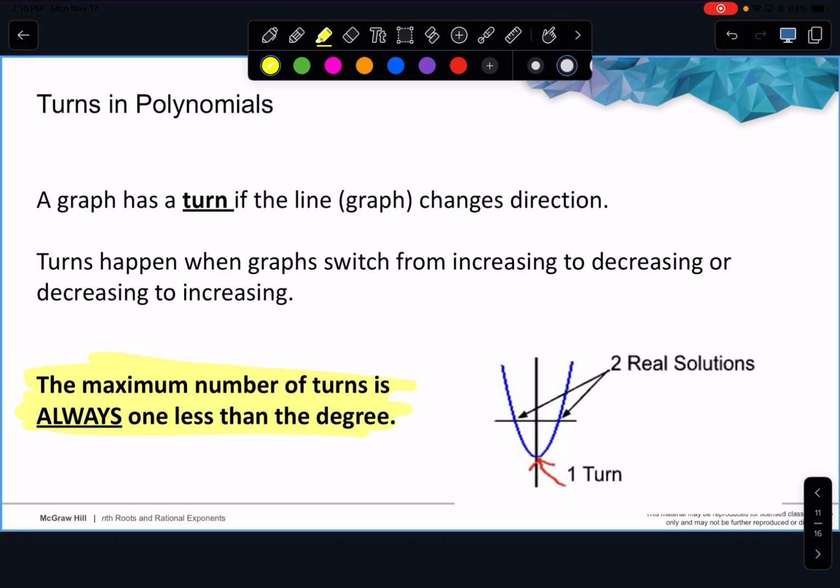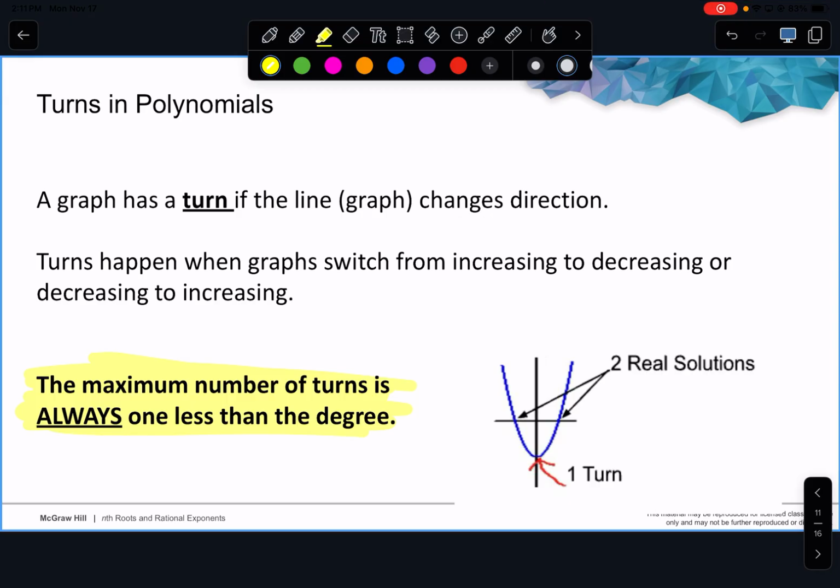So if the degree of the polynomial is 5, then the maximum number of turns is 4. Just subtract 1. If the degree is 6, then the maximum number of turns is 5.